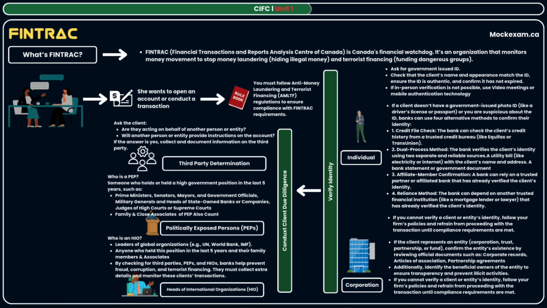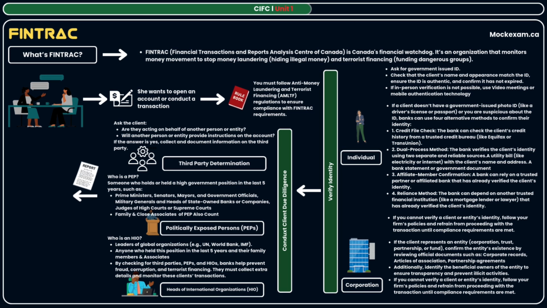We talked about it. Then we have special clients, okay? Third party determination, the PEPs, HIOs, these are special clients. We need to take more steps and monitor these clients more closely, okay? Because these are at more risk of money laundering or terrorist financing.